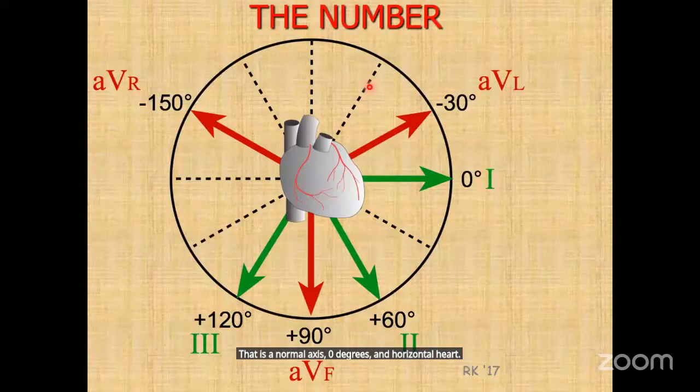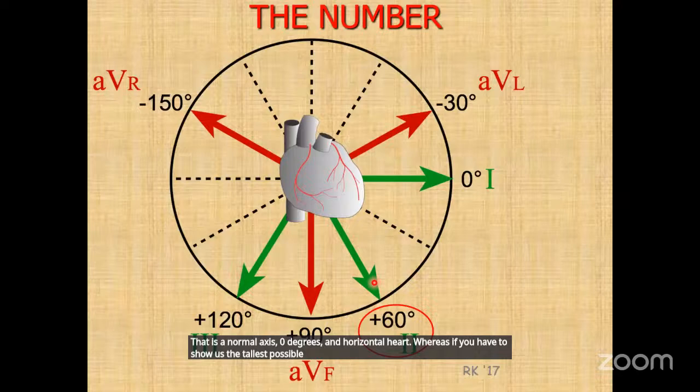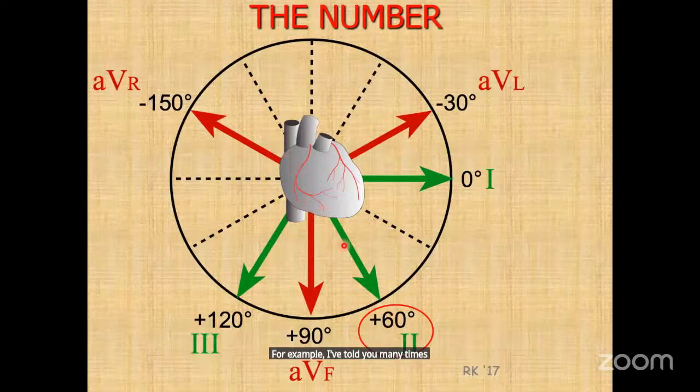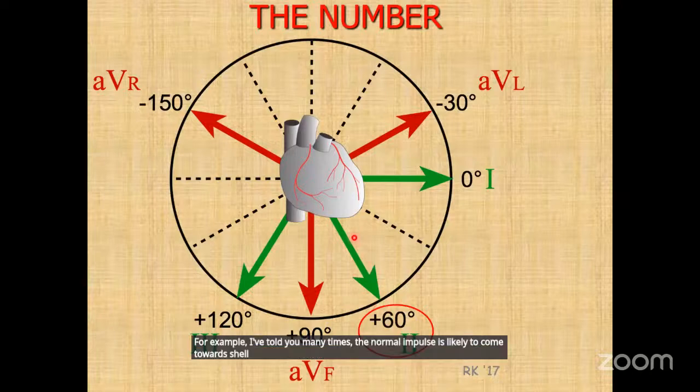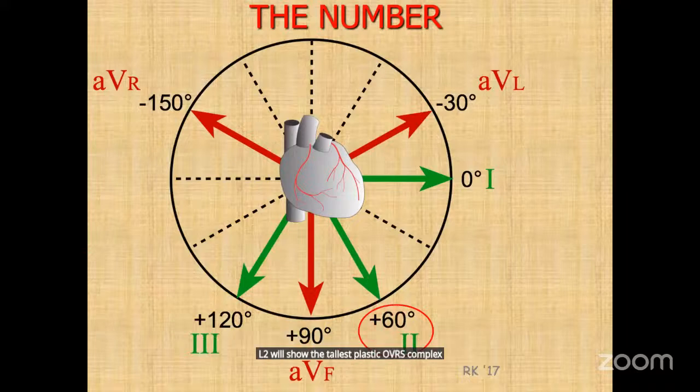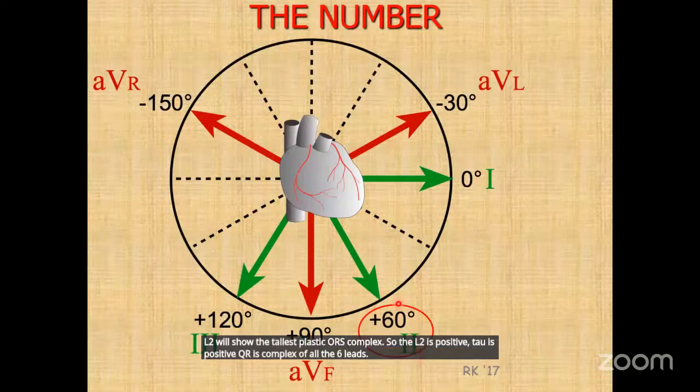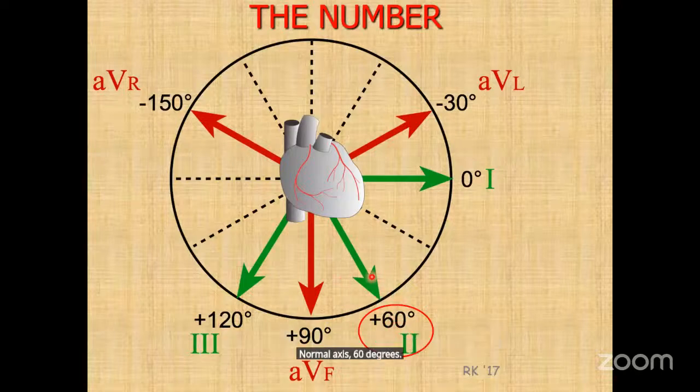Whereas if L2 shows the tallest positive QRS complex, it is a normal position of the heart. I've told you many times, the normal impulse is likely to come towards L2. That's why in many normal ECGs, L2 will show the tallest positive QRS complex. So if L2 has the tallest positive QRS complex of all the 6 leads, it is a normal axis, 60 degrees and normal position of the heart.